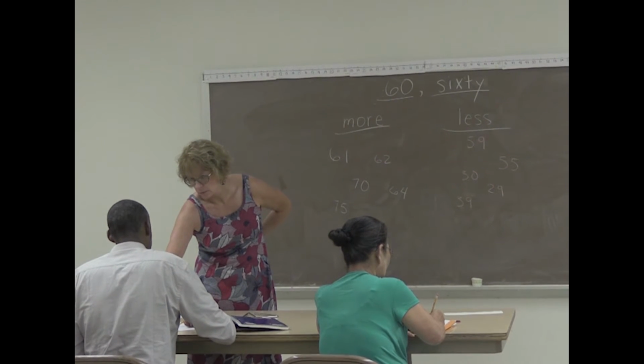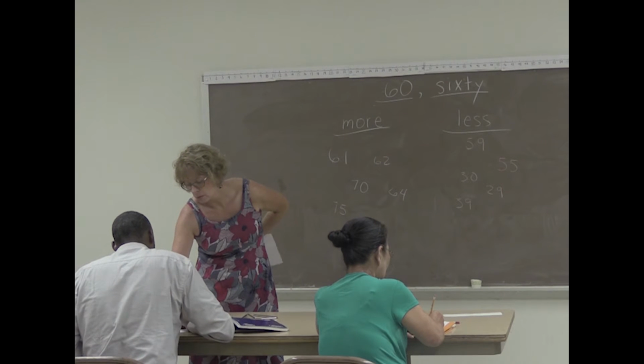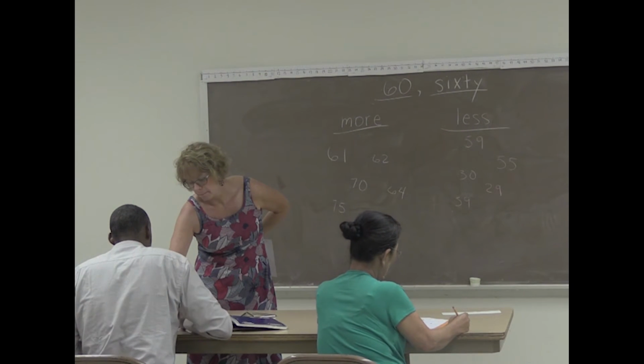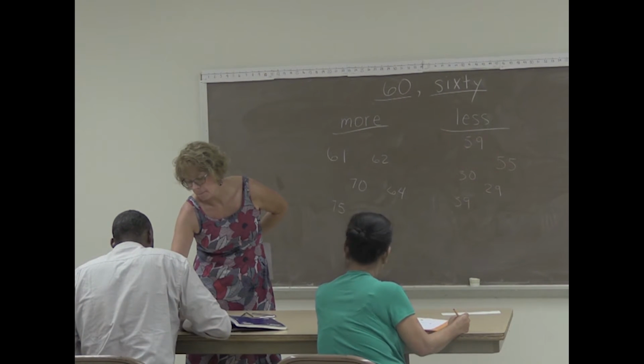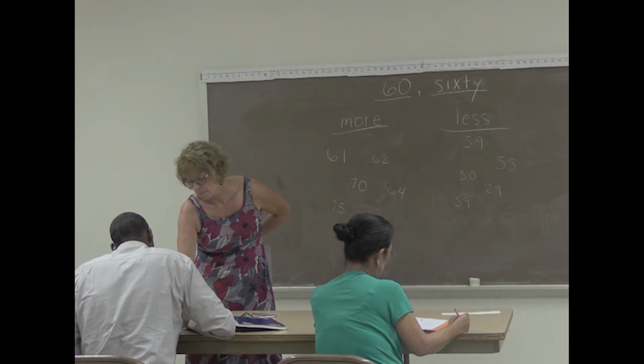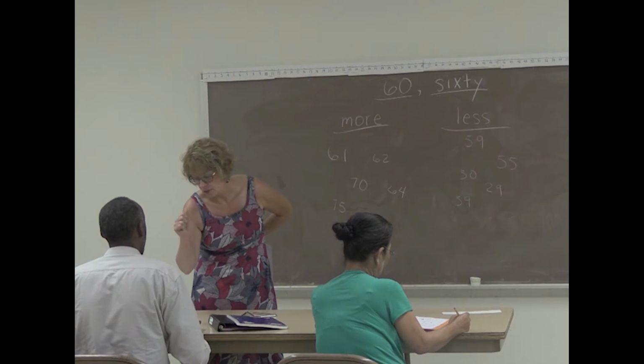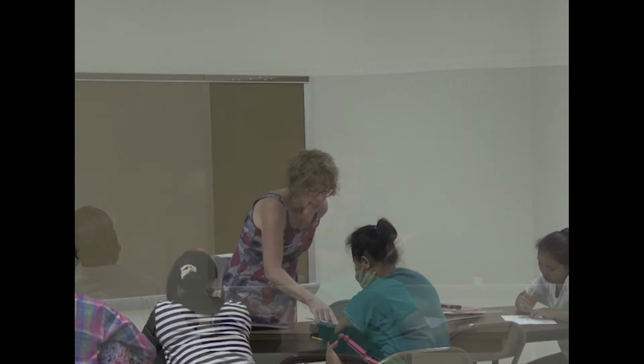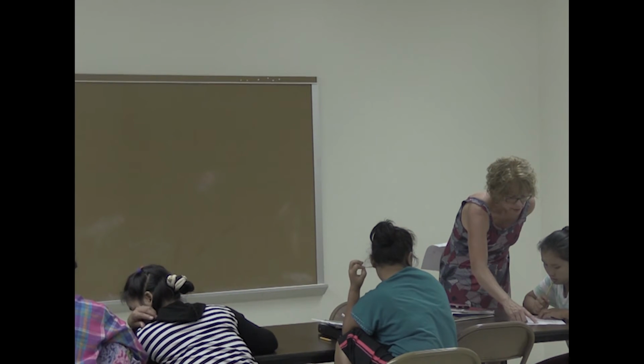One number. What is more than 60? Good, 62 is more. And 59 is less. Beautiful. 84 is more than 60. 28 is less than 60. Good. So I see you have 60 and 60.